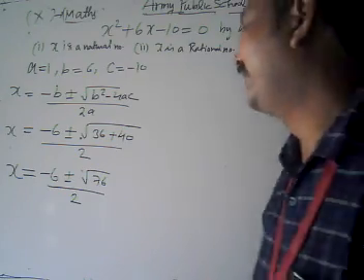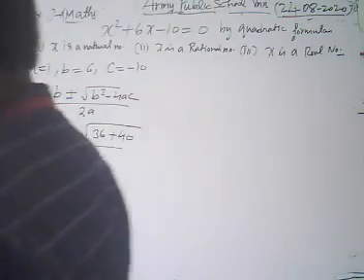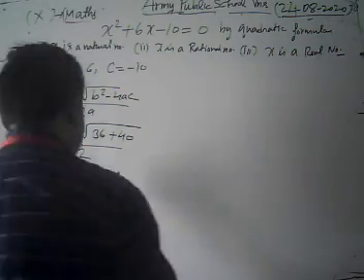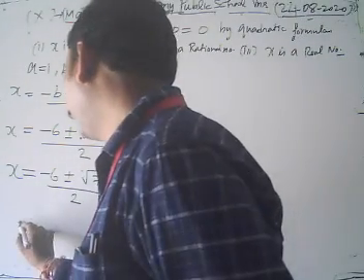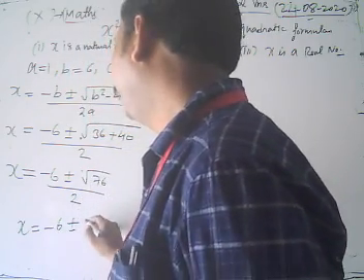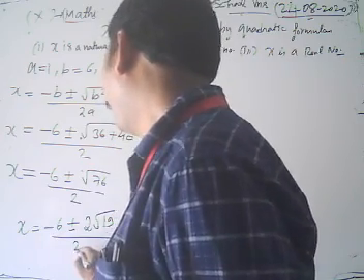Now, what is the square root of 76? We can write 76 as 19 into 4. And the square root of 4 is 2. Then on further simplification, we have minus 6 plus minus 2 under root 19 upon 2.